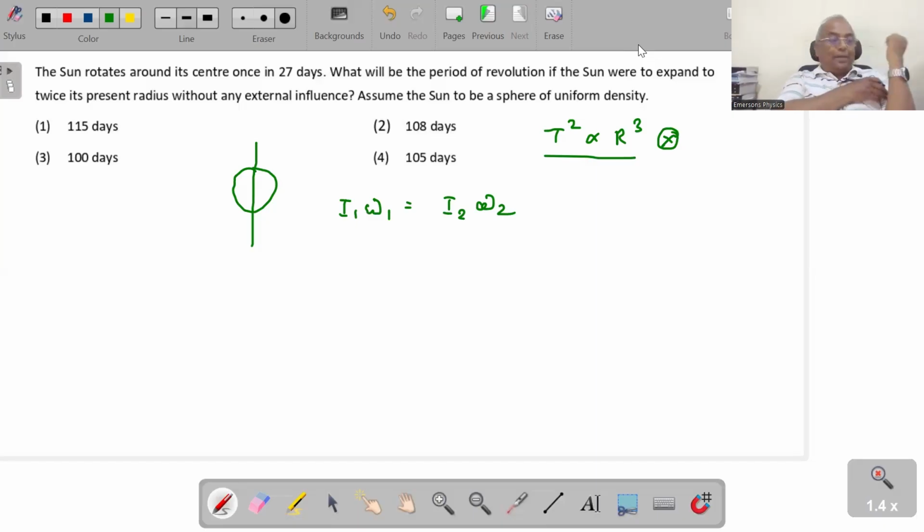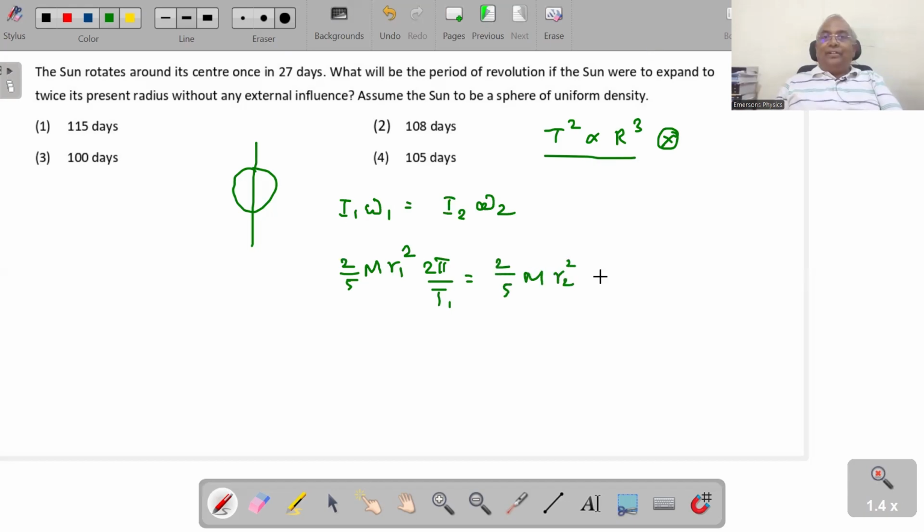We know the formula for the moment of inertia of a body. It may be a general case, so we can work with the moment of inertia of the sphere, 2/5 m r1 squared, into 2 pi by t1, equal to 2/5 m r2 squared into 2 pi by t2.